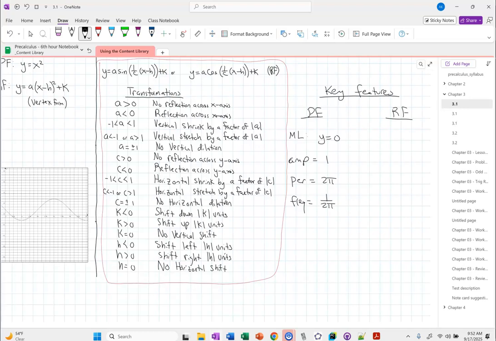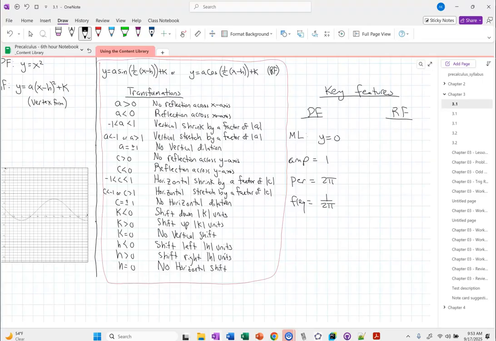No, right? Because if I reflect it, you still have the same amount of stuff above as below, right? What if I vertically stretch the graph or shrink the graph? No, right? The midline stays the same, the graph just gets the same amount above it as it did before.